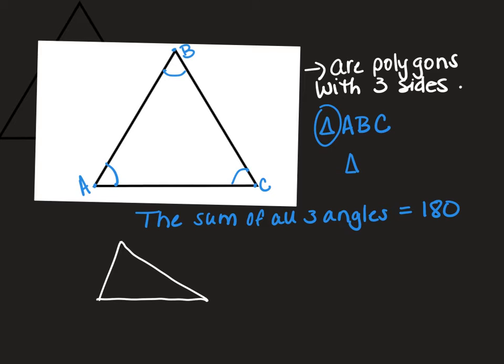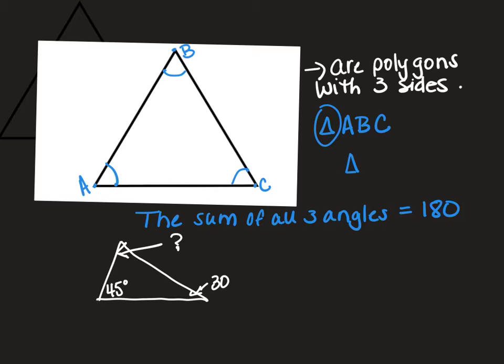Okay. All right, so here we have a triangle, and you'll notice that these sides are different. But let's just say that this angle measures 45 degrees. Let's say that this angle measures 30 degrees. Well, we don't know what this angle measures, okay? So how would we find the unknown?